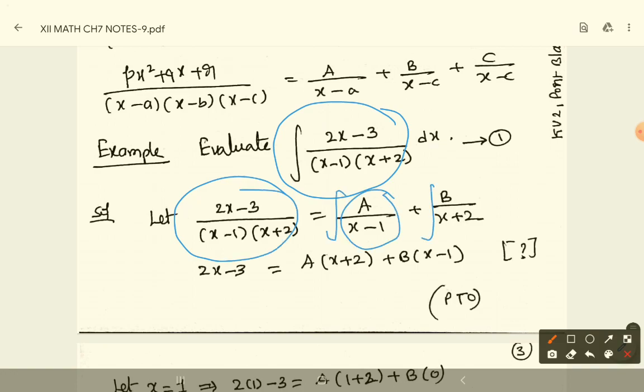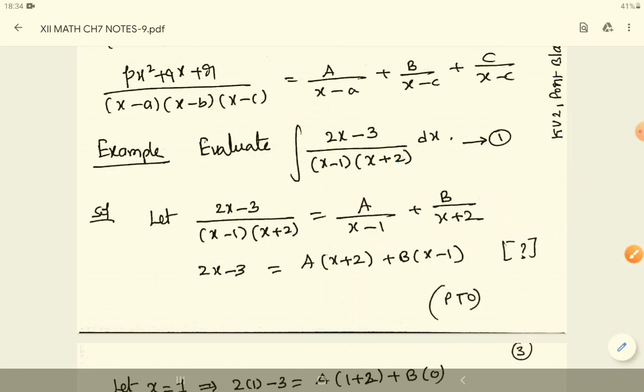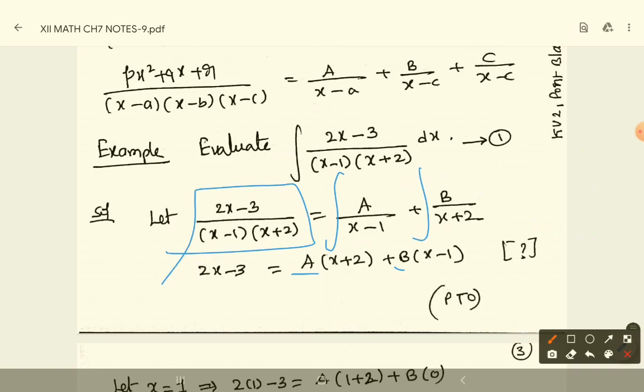The integration of a by x minus 1 is a log mod x minus 1, because a is a constant, and the integration of b by x plus 2 is b log mod x plus 2. Because b is constant, plus c will come anyway. That means the task is to find the values of a and b. If I know the values of a and b, I can integrate these two very easily instead of integrating this one.